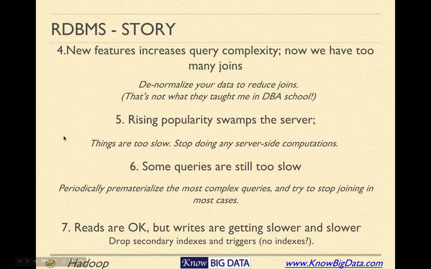So what you start doing is you stop doing all kinds of server-side operations, as in database-side operations such as triggers, indexes, stored procedures. All kinds of server-side things we start delegating to the client side, into the JavaScript or into your web applications.